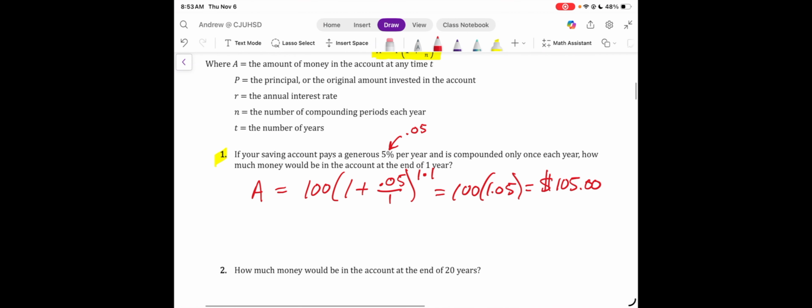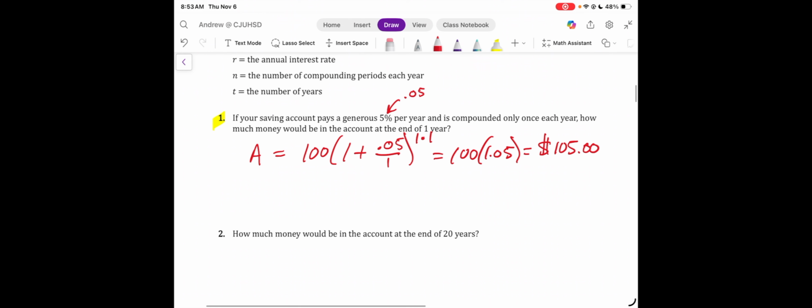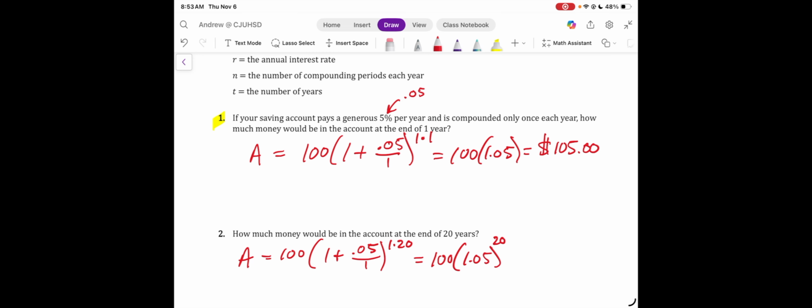But number 2, how much money would be in the account at the end of 20 years? Okay, that would be 100 times 1 plus 0.05. And then we're still compounding once a year, but we're doing it 20 years. So that's 100 times 1.05 to the 20th.